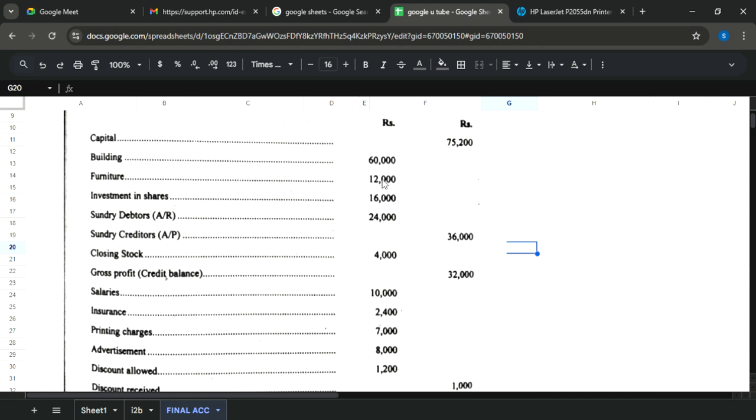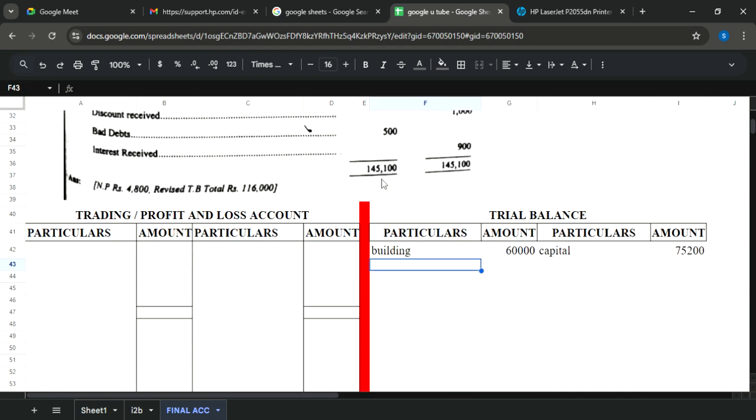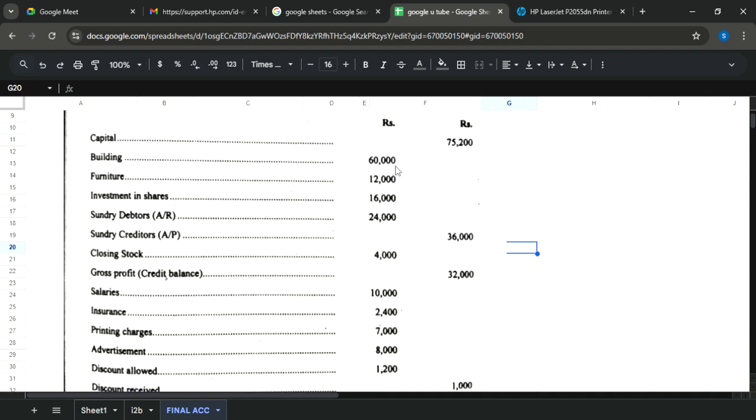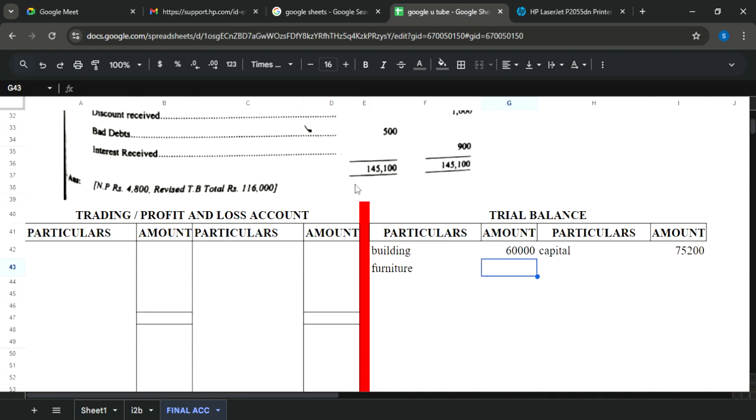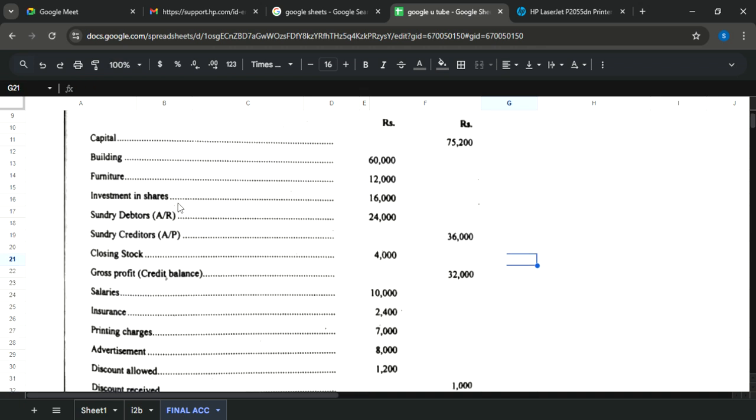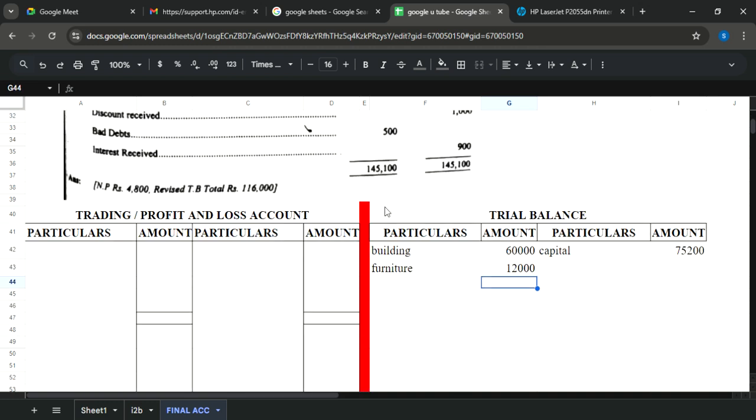It is written on the debit side. So you will go to furniture. See how much amount? It's 12,000. Write it down in front of it. Next is investment. Investment again is not part of the profit loss account. 16,000 written on the debit side. Just write it down over here.